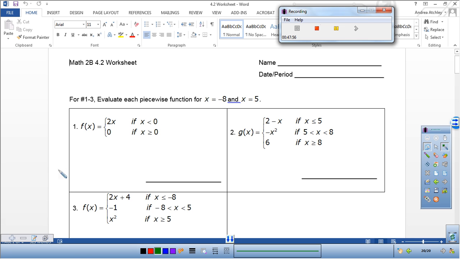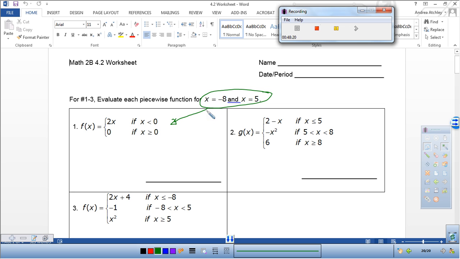Pay attention, because you're going to be confused if you don't pay attention right now. They want you to evaluate each piecewise function for x equaling negative 8 and x equaling 5. Now, the difficult part of this is figuring out which equation you're going to plug it into. You need to figure out which of these falls into which of these domains.